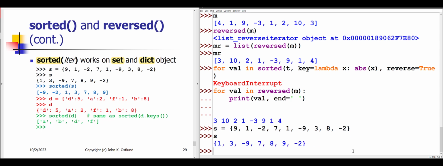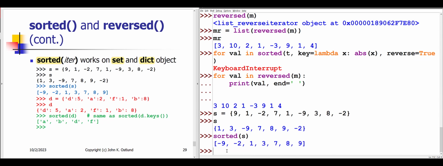So S itself only contains 7 values. If I ask for sorted copy of S, I get back a list as usual from sorted, and these things are in non-descending order.